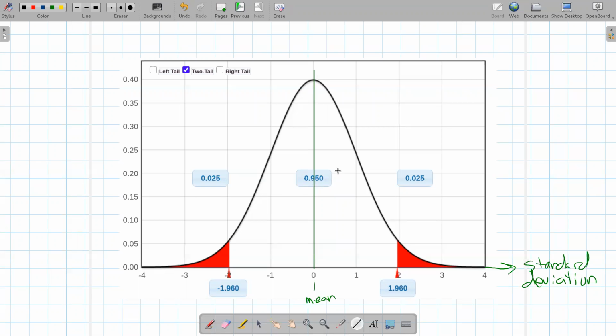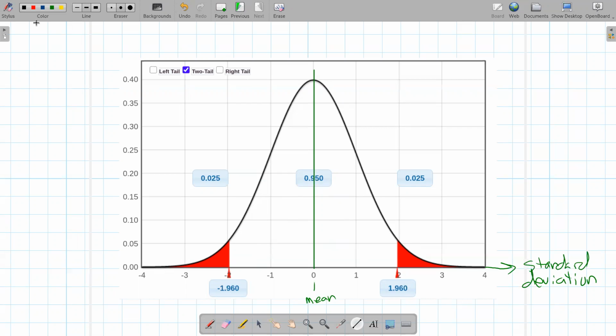This 0.95 in the middle means that if we look 2 standard deviations to the left and 2 standard deviations to the right, and we count up everything in the middle, we're going to find 95% is within those 2 standard deviations in this white region right here. Okay.